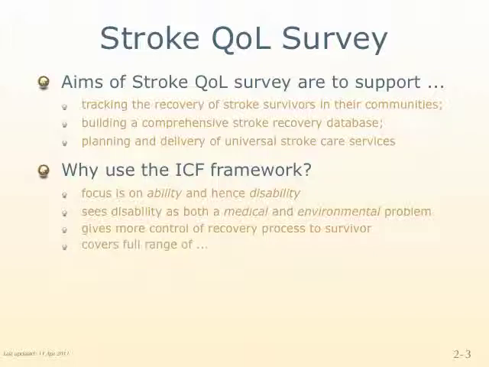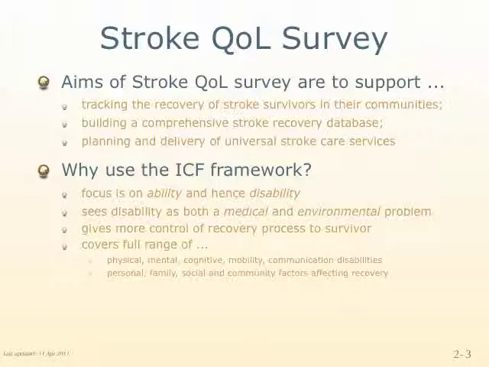It covers a full range of possible stroke-related disabilities, including physical, mental, cognitive, mobility and communication disabilities, and personal, family, attitudinal, behavioural, social and community factors affecting recovery.